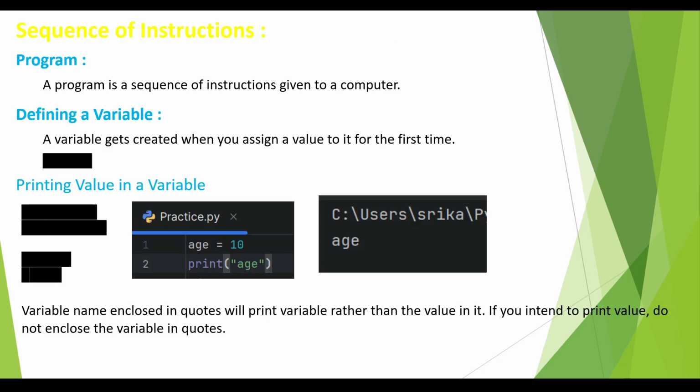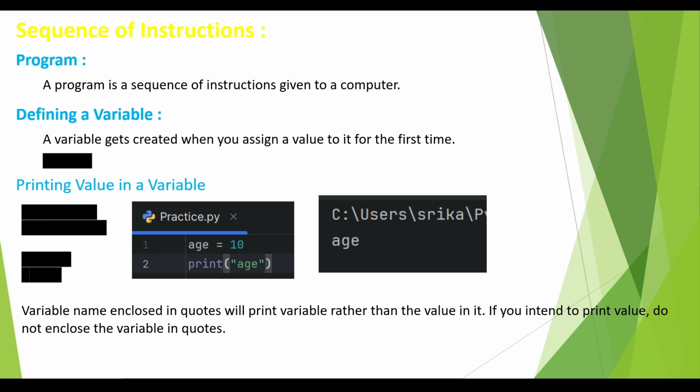Next, the sequence of instructions. Sequence of instructions means there are many instructions here. A program is a sequence of instructions given to the computer. In the first video we discussed that the set of instructions given to the hardware is called software.